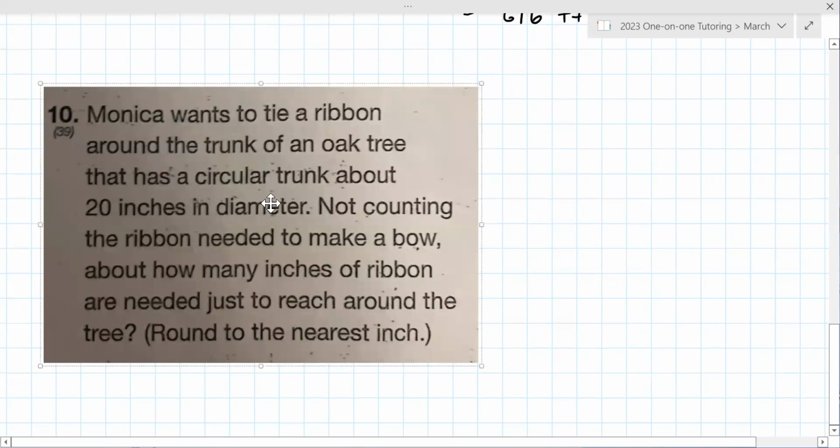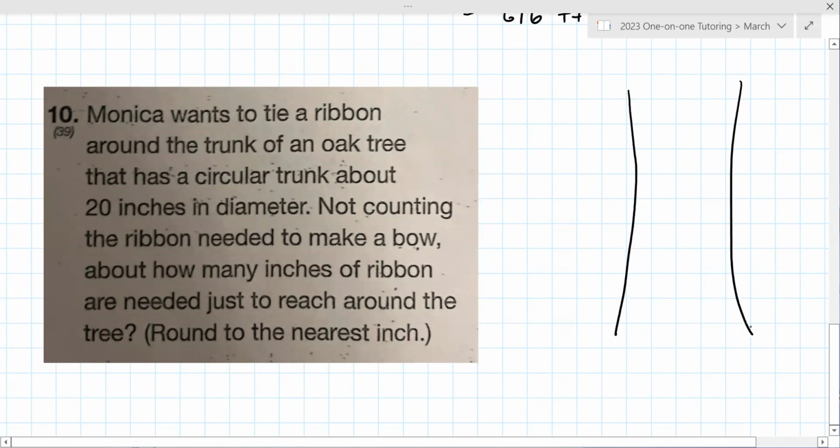How do you think she knows the diameter of the tree? Good question. That's maybe something you could throw at your teacher. So how do you know that? All right, not counting the ribbon needed to make a bow, about how many inches of ribbon are needed just to reach around the tree?